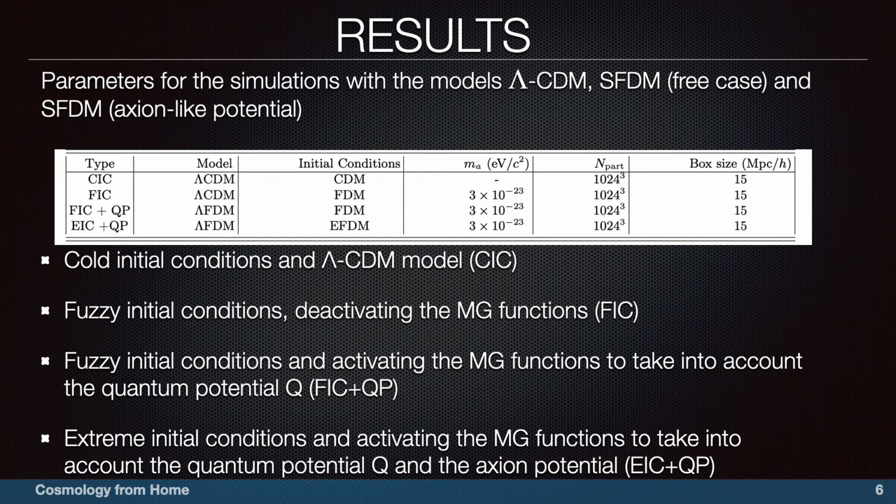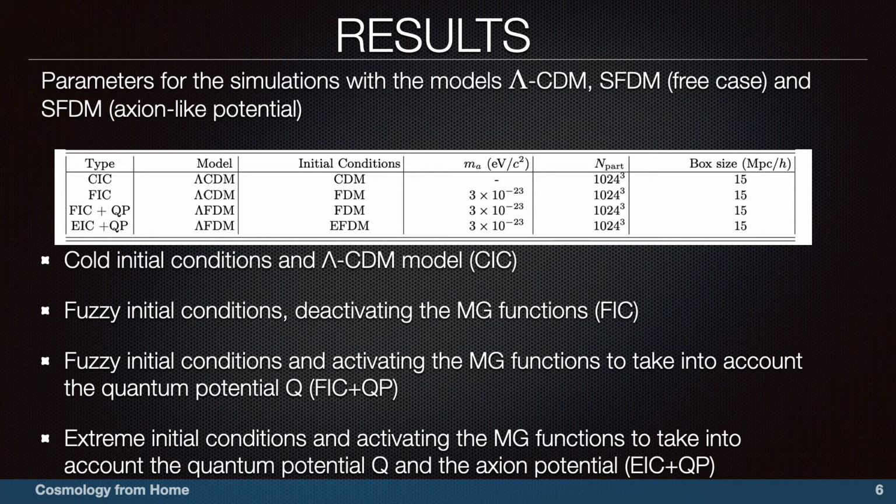That corresponds to a value of the shot noise equal to 3 to the minus 6. We call CIC the simulation that corresponds to a typical cold dark matter simulation with a cold initial condition.